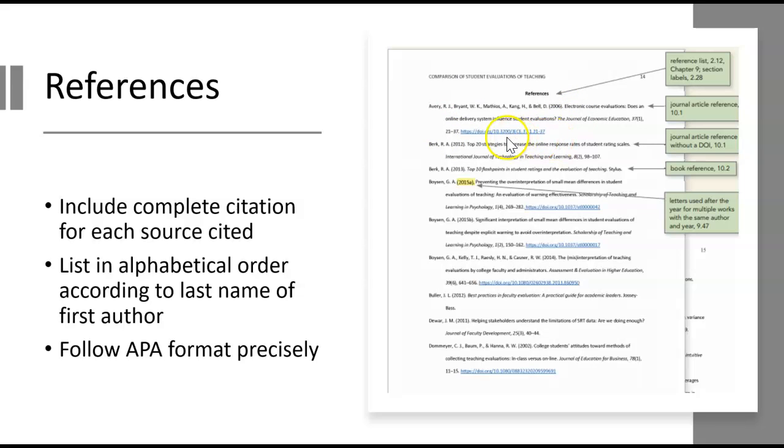I want to read it. DOIs mean they can just click on it. It is a website address. Now, the expectation is that you give an actual clickable website address. So it should start with https:// and then the doi.org address that's provided.